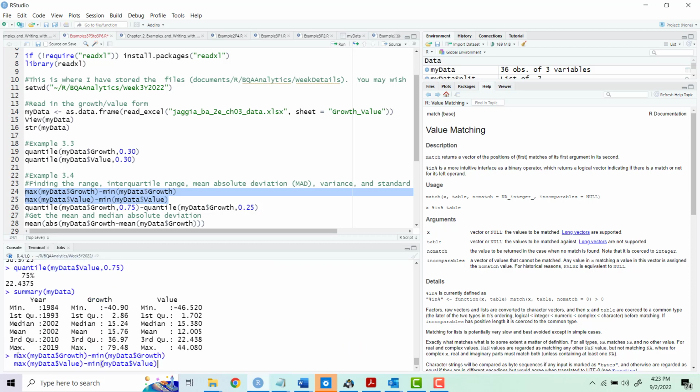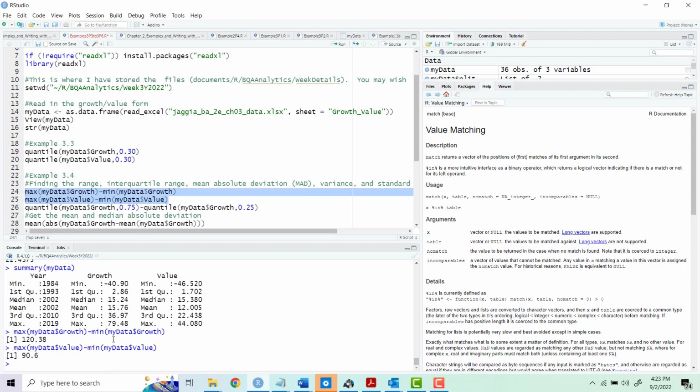There's a maximum function and a minimum function, so you get both of them, and then you get the range. For growth, the range would be 79.48 minus 40.90, which gives 120.38. And for the value funds, it would be this value minus this value.